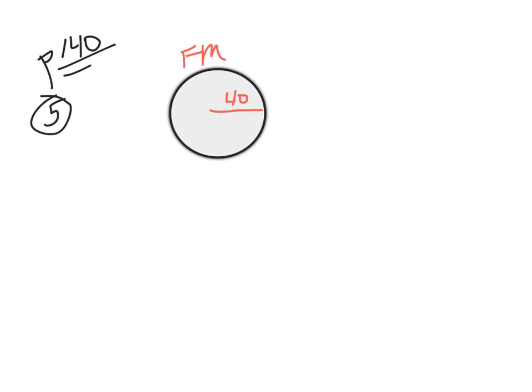Okay, and then it says an AM radio station, so I'm going to draw another circle here and make it blue. An AM radio station signal travels in a 4-mile radius. So this radius is 4, so this is actually a much smaller circle, even though I drew it big.